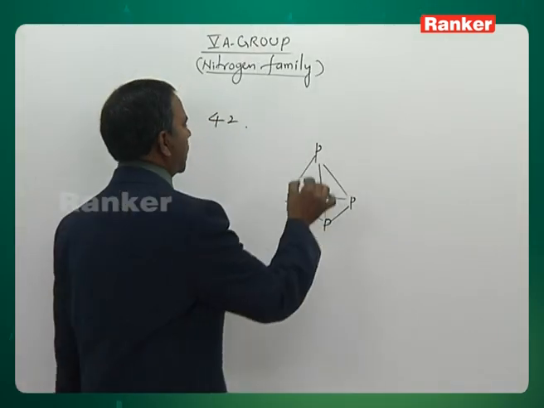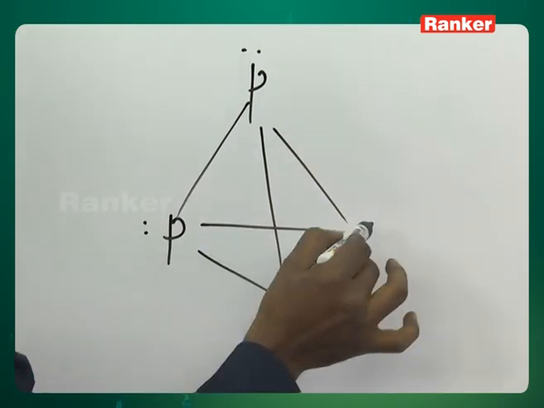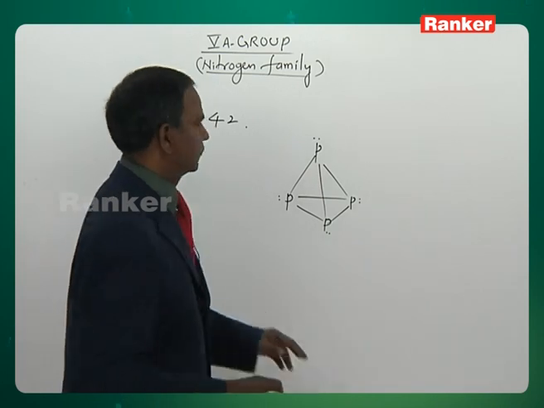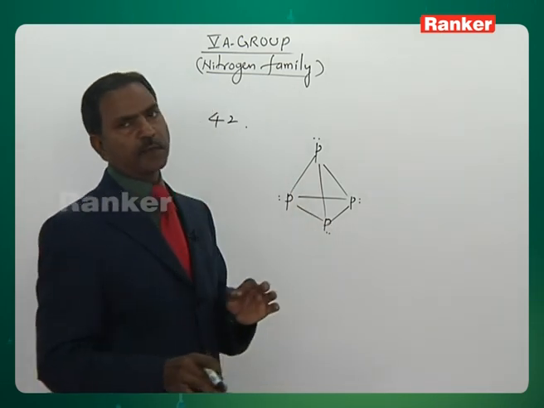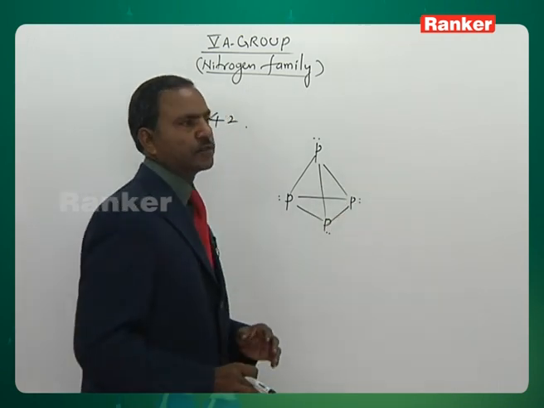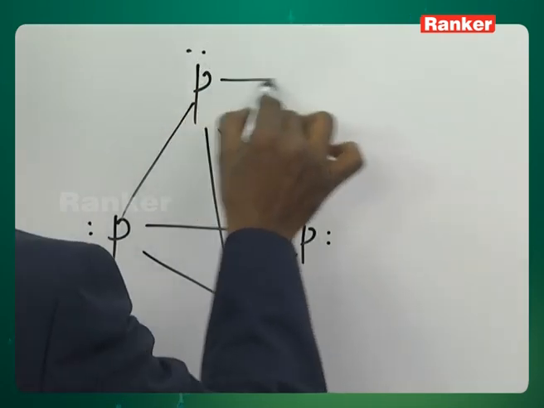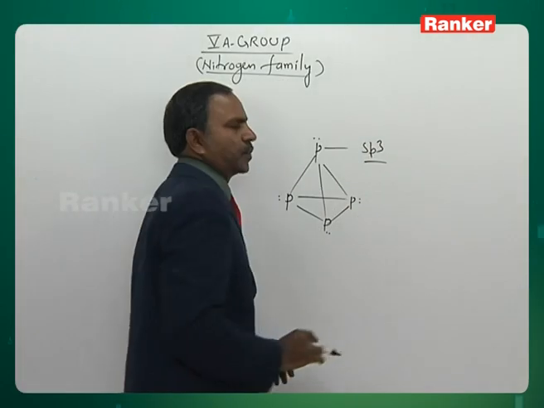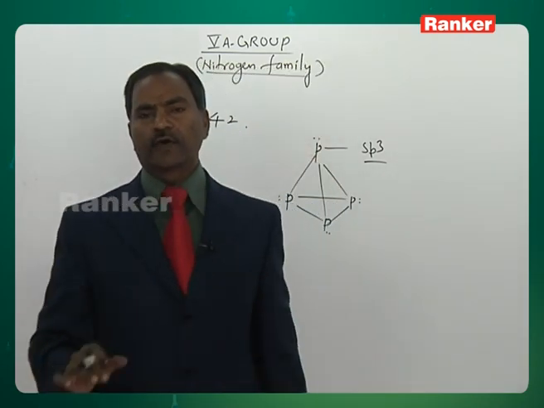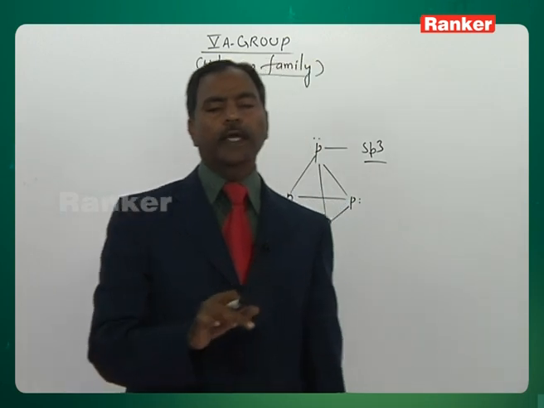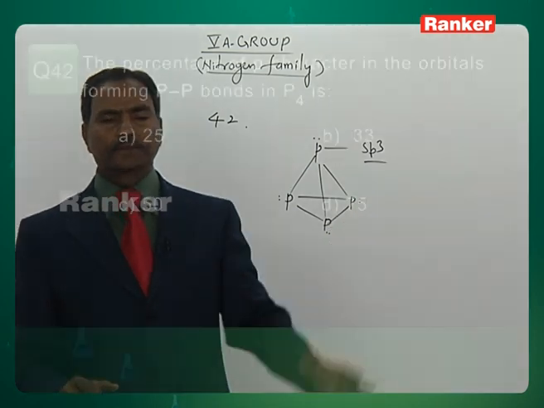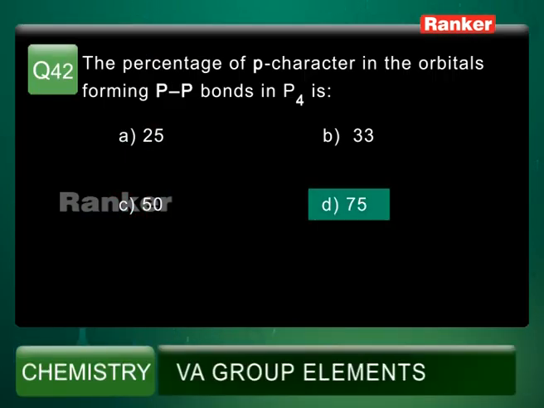Look here, is the phosphorus atom still carrying a pair of electrons? The P4 structure and information about it is very important. In this, each phosphorus atom is linked by 3 sigma bonds and carries a lone pair. So each phosphorus atom in the P4 molecule is involving sp3 hybrid orbitals. Once sp3 is there, the p character will definitely be 75%. So 42, answer is D.